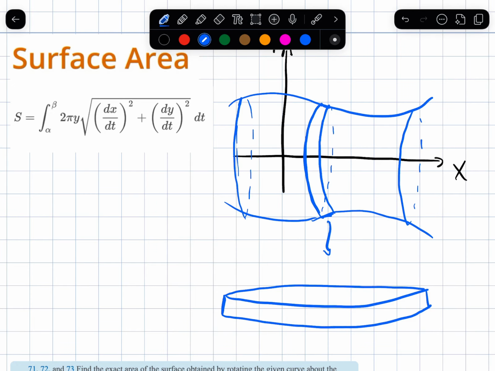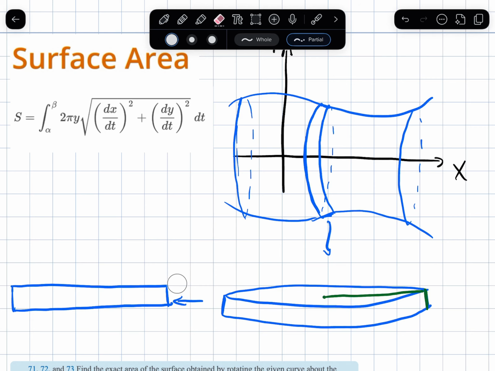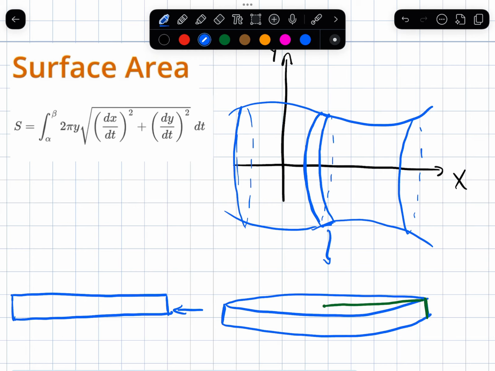And to find the area of the cylinder, I need to, again, maybe cut the cylinder like this, open it up, and it becomes this long, thin rectangle. And so to find the area of this rectangle, I just need to multiply base times width.